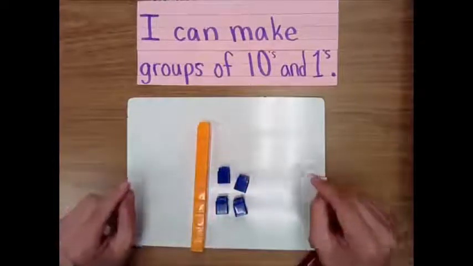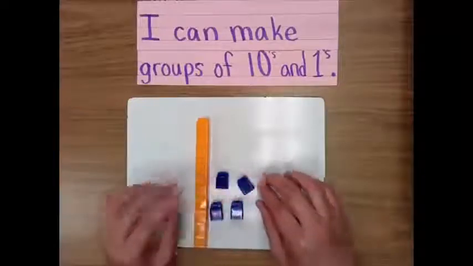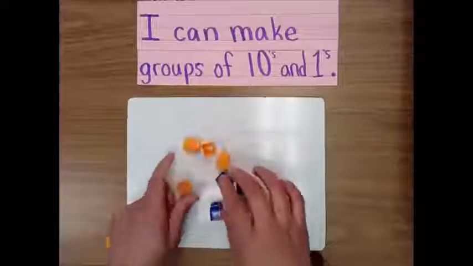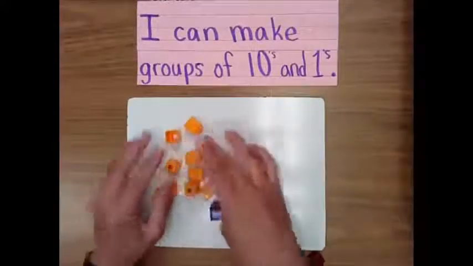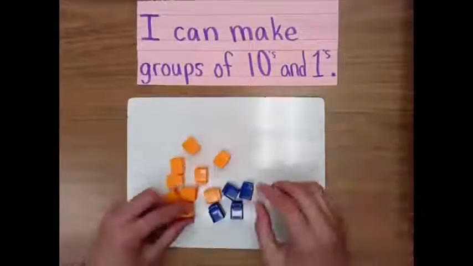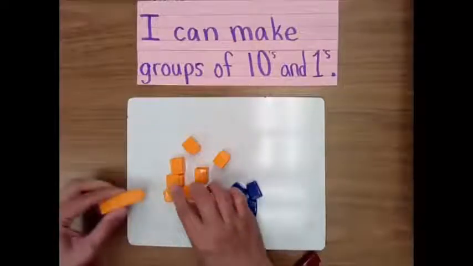I have 14 blocks. So this is the same amount of blocks as I had before when they were all disconnected right here. Those are both 14. The only difference was that I made a group of 10.